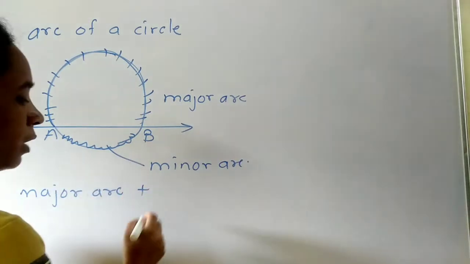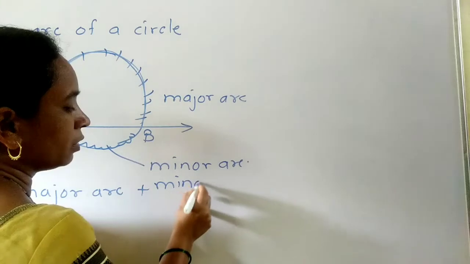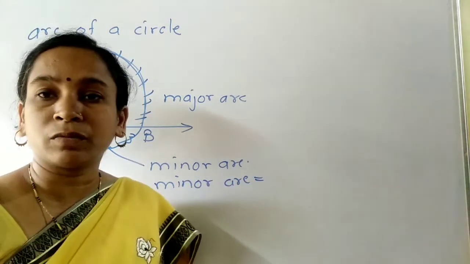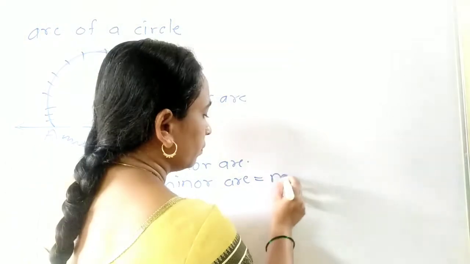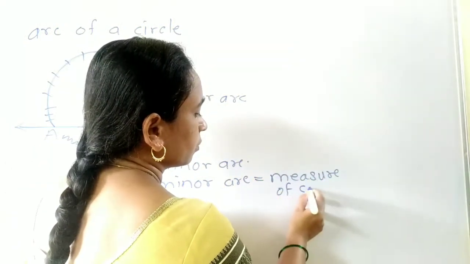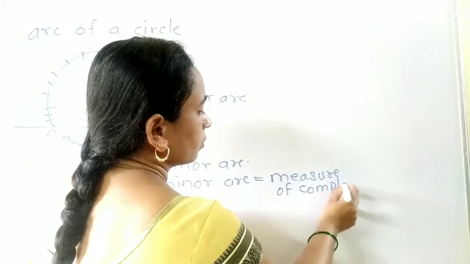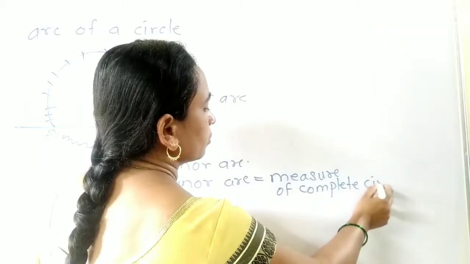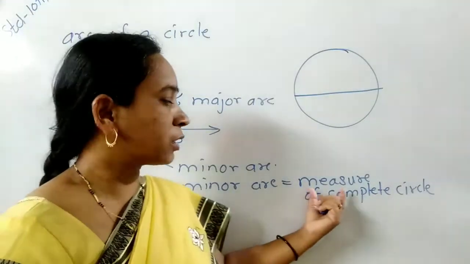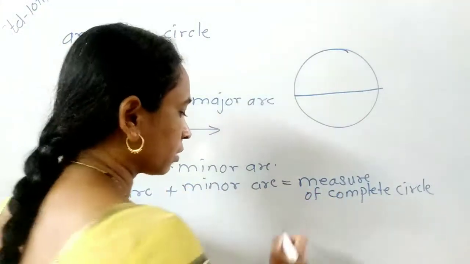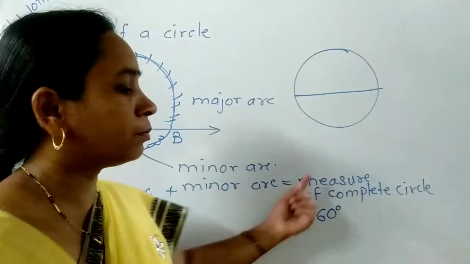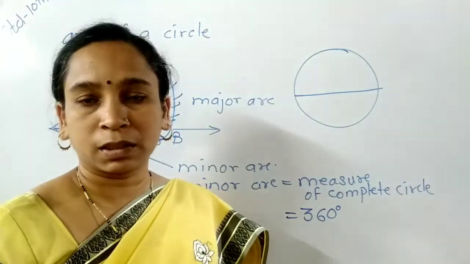Measurement of a major arc plus measurement of a minor arc gives the measure of the complete circle. Major arc plus minor arc is equal to 360 degree, because the measure of the complete circle is 360 degree.